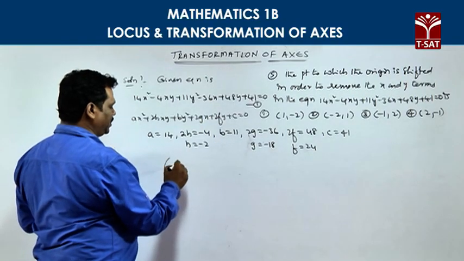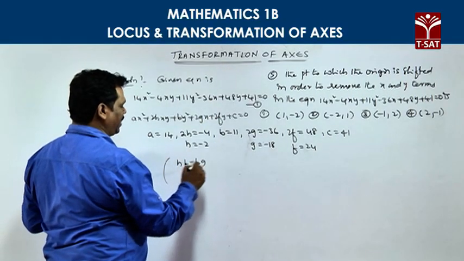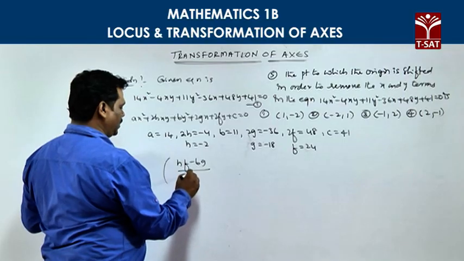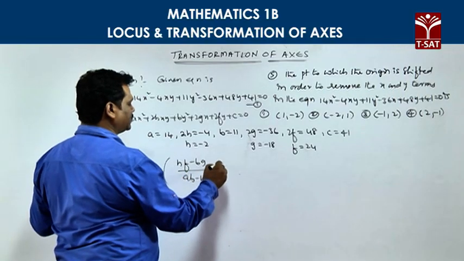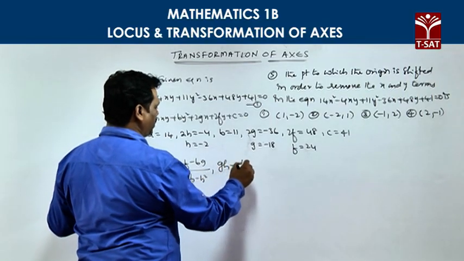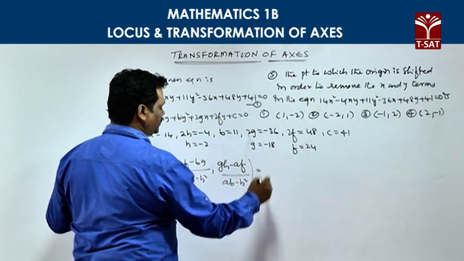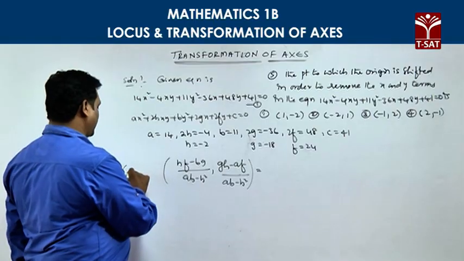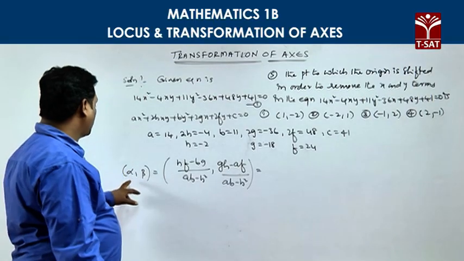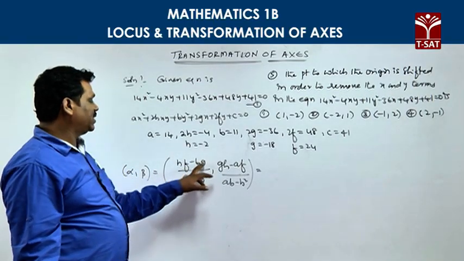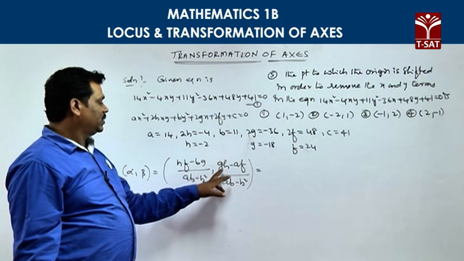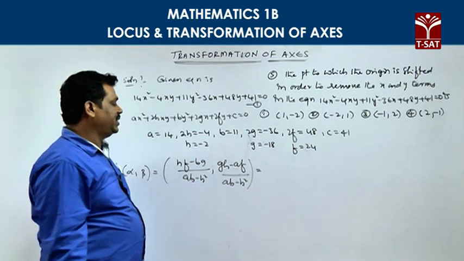Here the formula is alpha comma beta equal to (hf minus bg) by (ab minus h square), (gh minus af) by (ab minus h square).